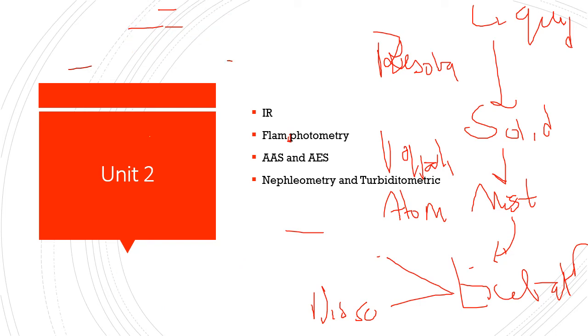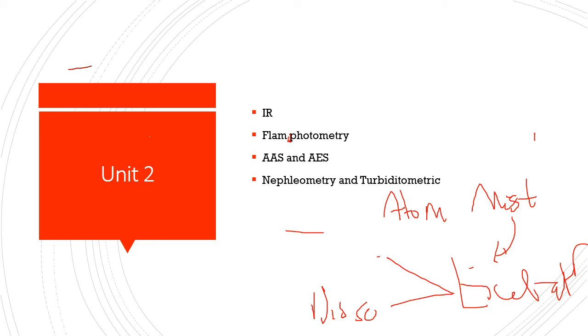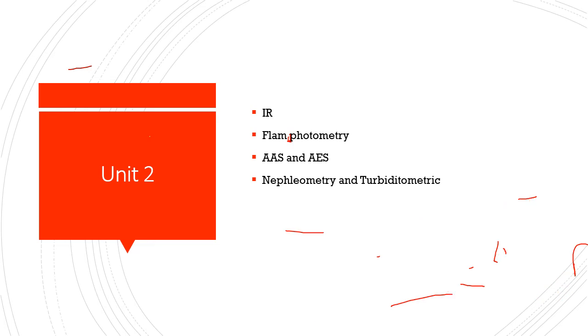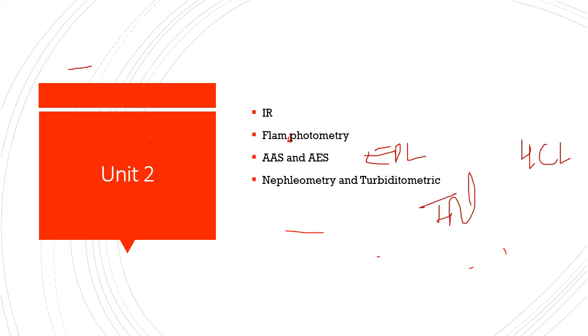So the next is atomic absorption spectroscopy. Here you have to study mostly about the electrode-less discharge lamp and the hollow cathode lamp, ECL and HCL. And you have to study about the interferences.